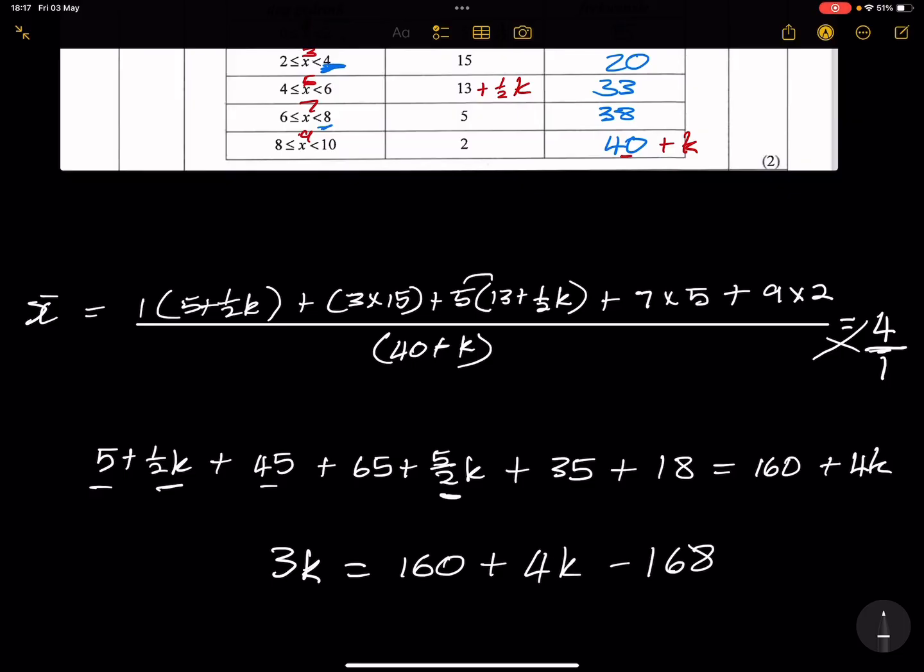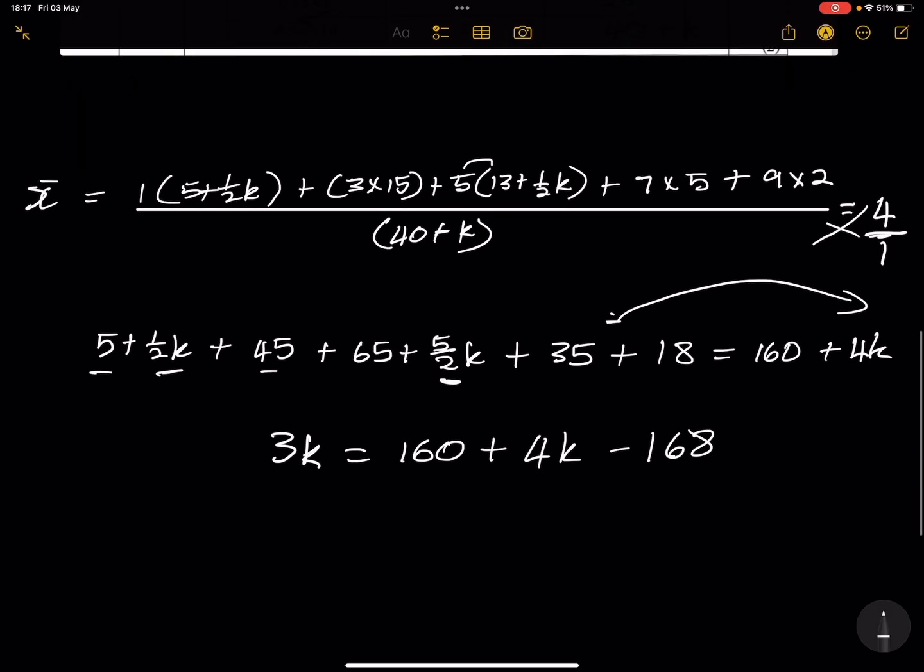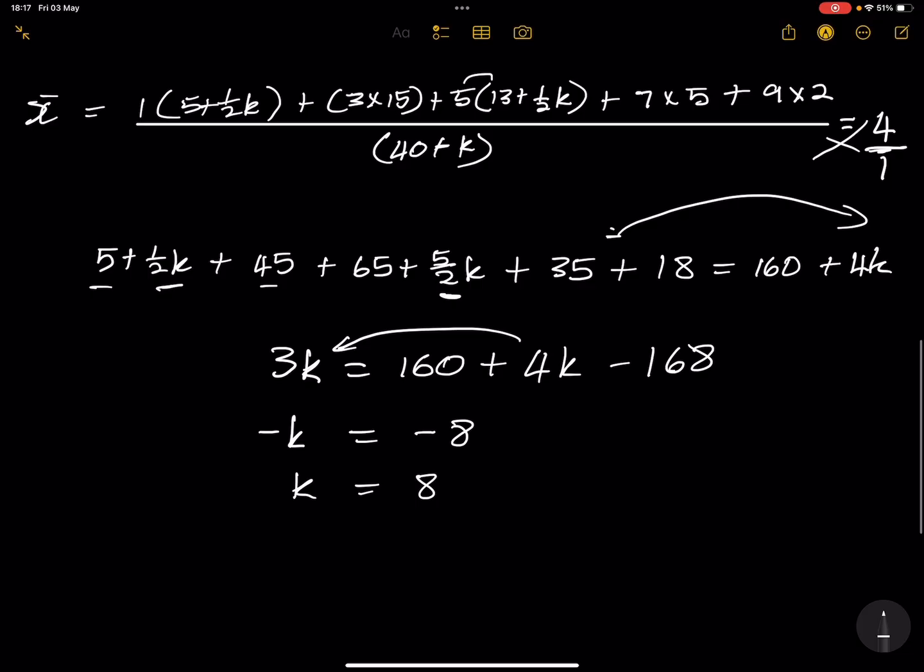The 168, I just took the sum of those values to the other side. So 3k minus 4k gives us negative k. 160 minus 168 would give us negative 8. Which means that the number of staff members that were absent would be 8 members.